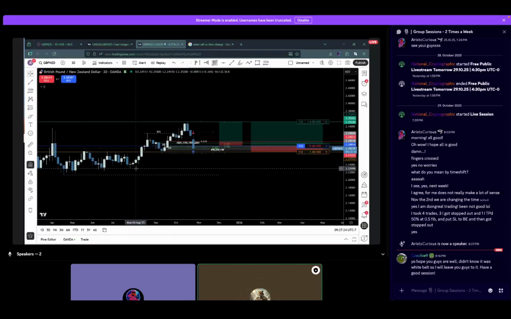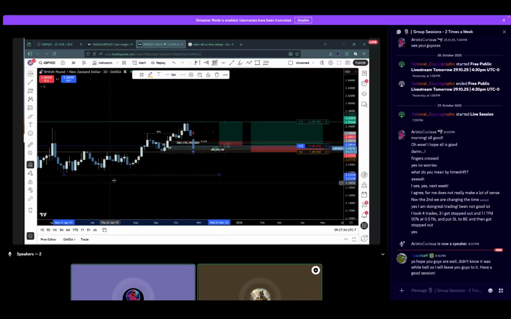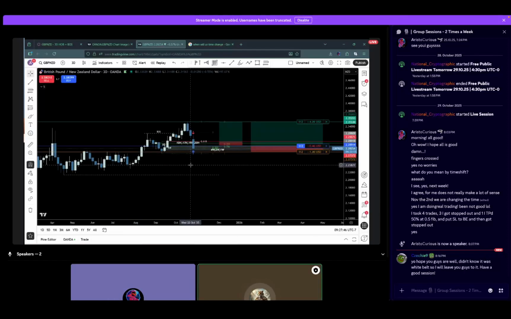This would be an internal, but we would probably bounce from this demand, and then your dashed line would be the real break of structure, the real change in trend. Okay. If the price breaks this low here, we're assuming that it's getting weaker. Exactly. So I need to be cautious when placing longs. Exactly. First signs of weakness.